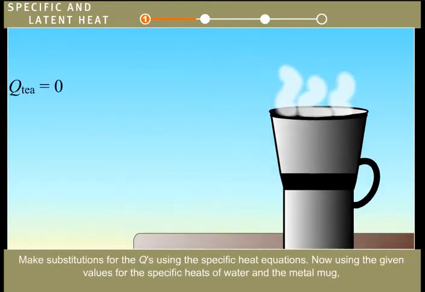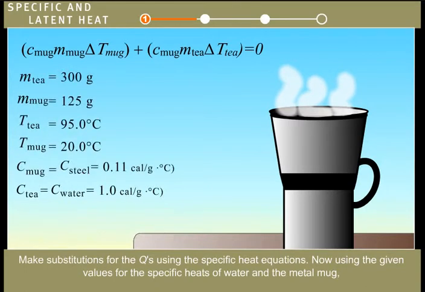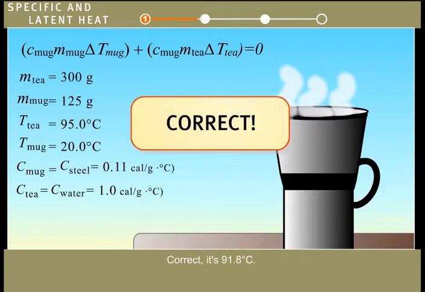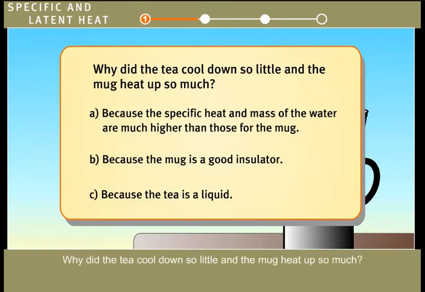Make substitutions for the Q's using the specific heat equations. Now, using the given values for the specific heats of water and the metal mug, what is the final temperature of the tea and mug? Correct. It's 91.8 degrees Celsius. Why did the tea cool down so little and the mug heat up so much?